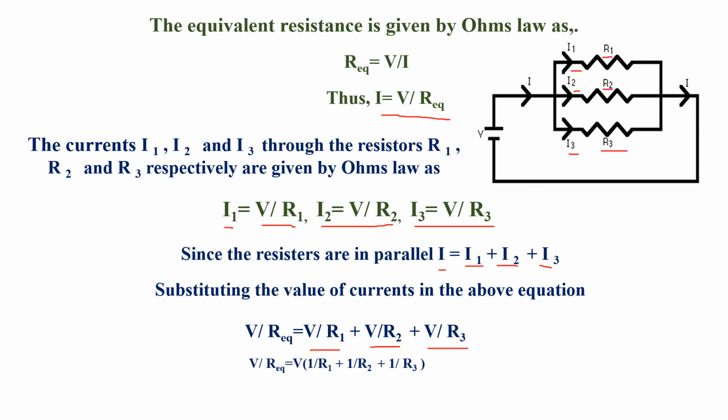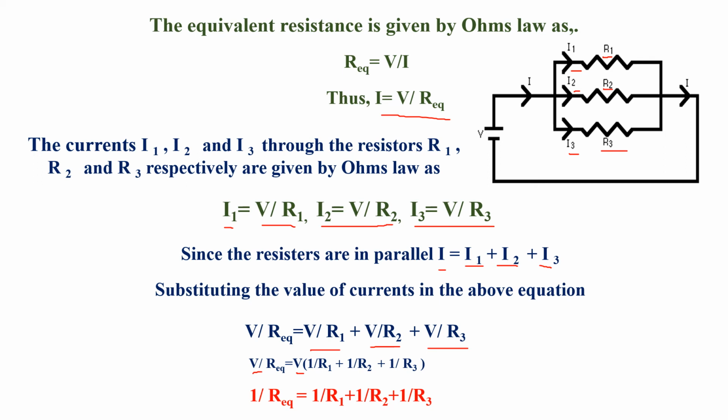So V into 1 by R1 plus 1 by R2 plus 1 by R3 comes. So I by R is equal to 1 by R1 plus 1 by R2 plus 1 by R3. Sorry, 1 by R, not I by R. Here this V and this V and this V get cancelled and this becomes 1 by R because that is a fraction.